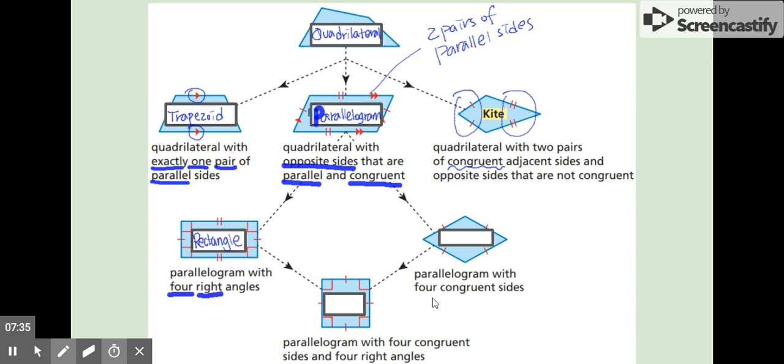And a parallelogram with four congruent sides, all four sides the same measure, is called a rhombus. And a parallelogram with four congruent sides and four right angles is called a square.